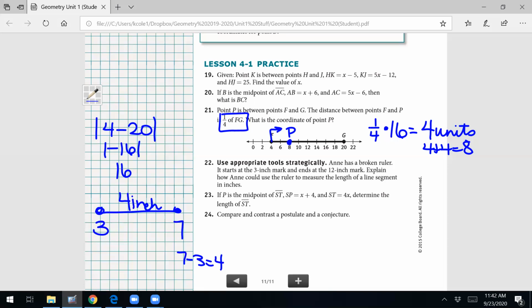I also, just on my planning period, printed your scores for your Edulastic quiz and released that. So you can go to Edulastic and see what score you got. You can also see what you got correct and what you missed. Those are not in JCampus yet, okay? I know your progress reports go out tomorrow, but I just didn't have time to get those in JCampus today.